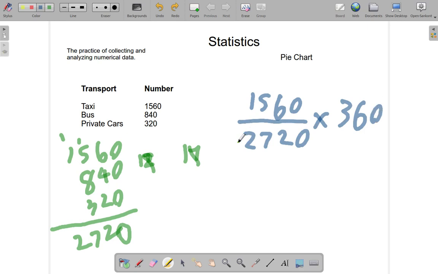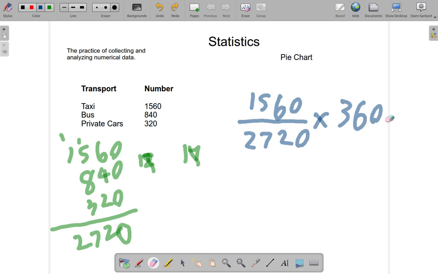You can imagine that if I had 2000, then 1000 out of it, that's half. So 1000 out of 2000 would be half. Now in this case, this looks like it's less than half. 1560 over 2720 by 360.